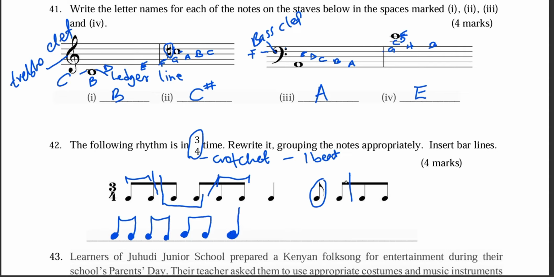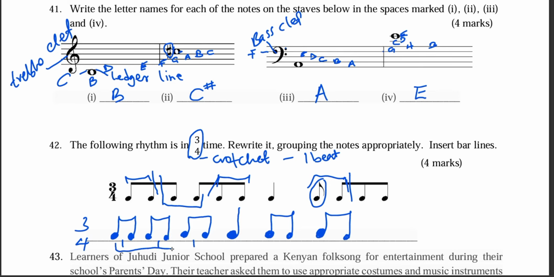We have a quaver here which we are going to combine with the first one here. So we are going to have a pair. Then we are left with one more pair. Remember, we were told it is in 3/4 time. So there are 3 crotchet beats in every bar. This will be one beat, another beat, another beat.